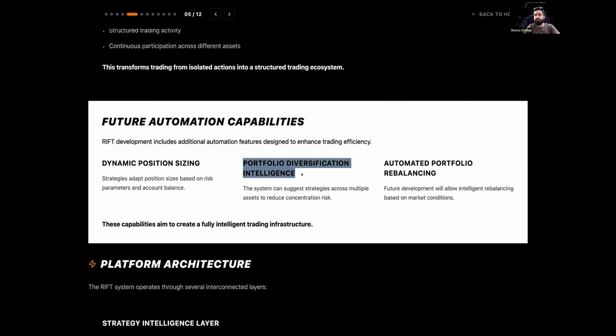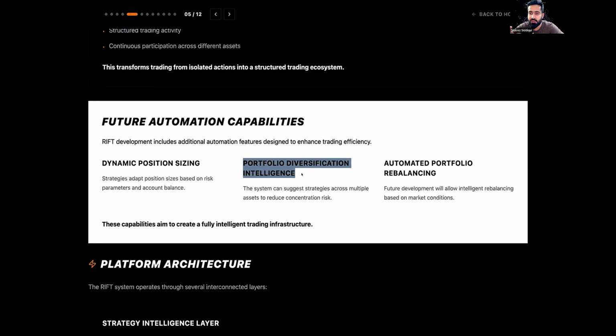This is provided the stock market, the commodities market, and the forex market are open at that particular period of time. So Monday to Friday, whenever the market opens, you will be able to trade in the specified opening hours of the market, because these markets are traditional financial markets. It's not like crypto.